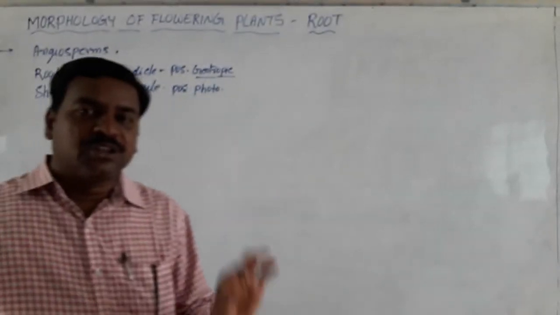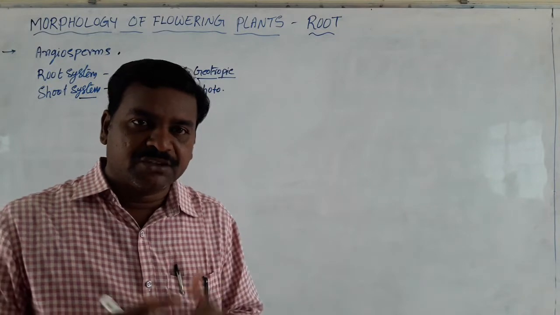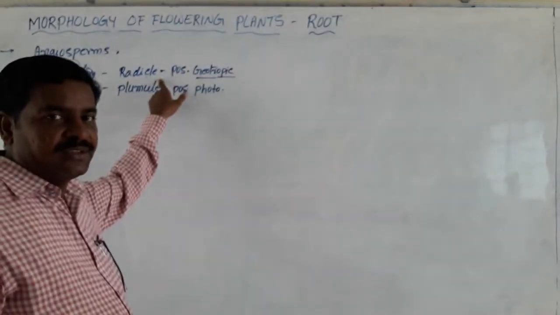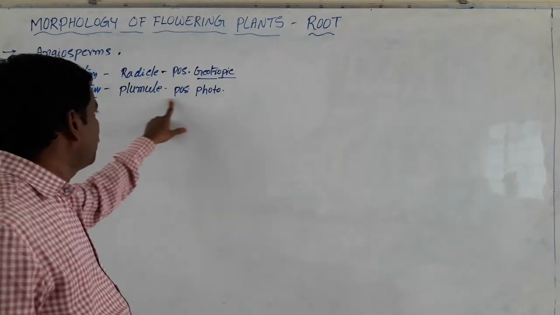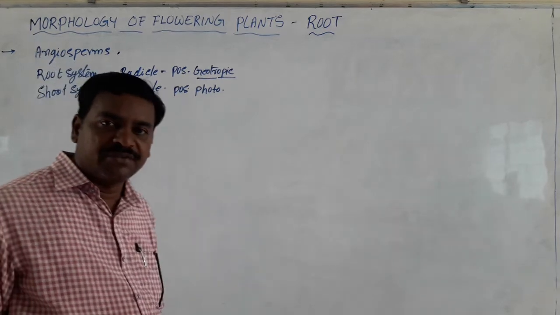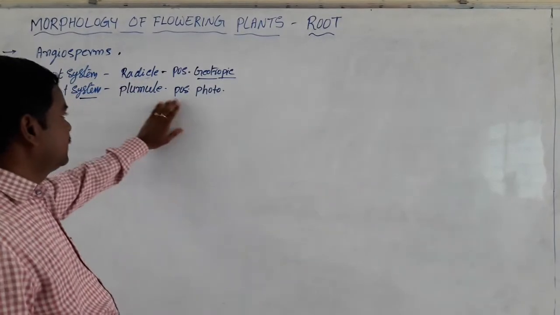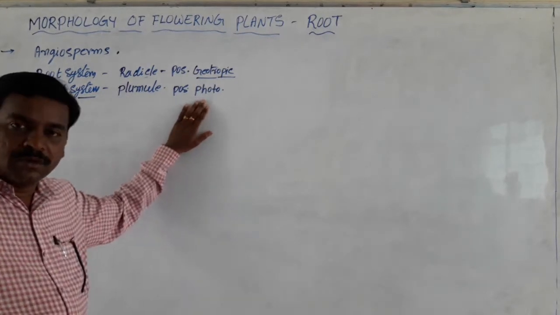So the growth of root system and shoot system is quite reverse. The root system grows in a positively geotropic manner, and the shoot system grows in a positively phototropic manner, that is, a negatively geotropic manner.